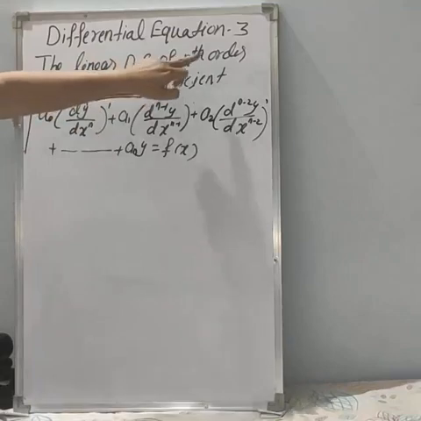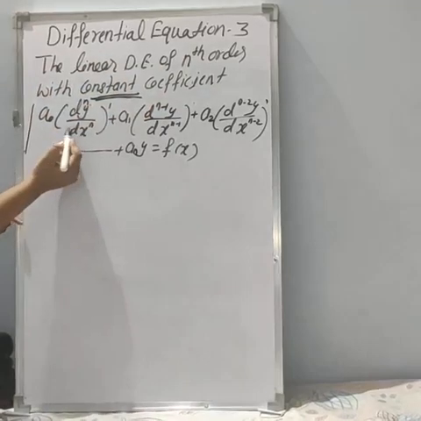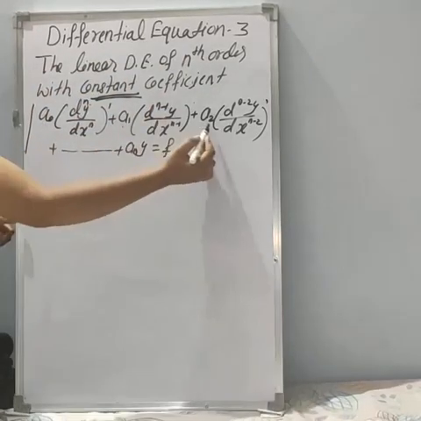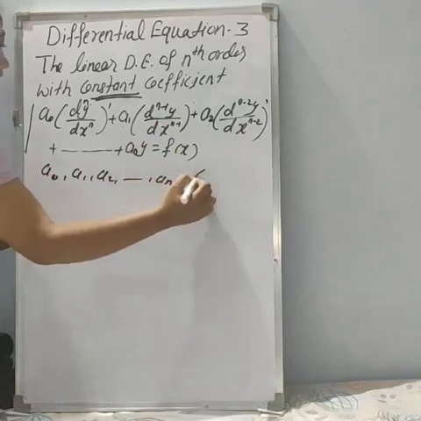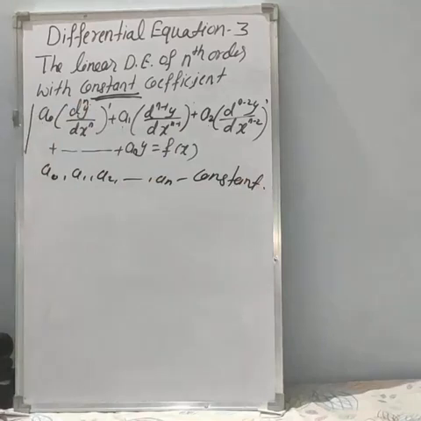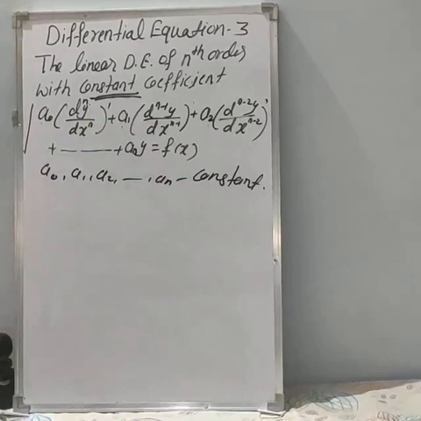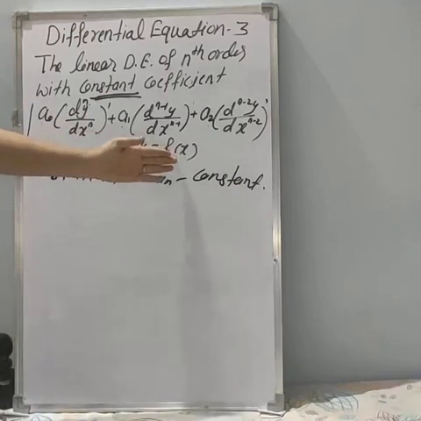It is with constant coefficient, because if you see the coefficients of the derivative terms, we have a0, a1, a2, and so on, an, and these are constants. That's why this differential equation is called a linear differential equation of nth order with constant coefficient. The right-hand side is equal to f of x, a function of x.